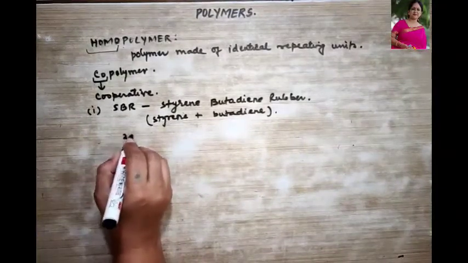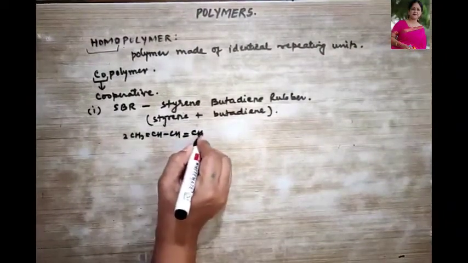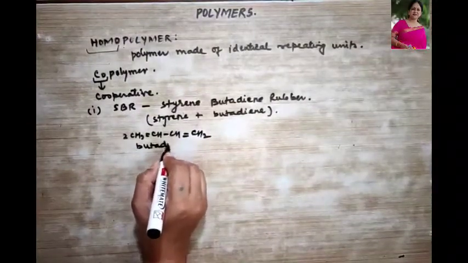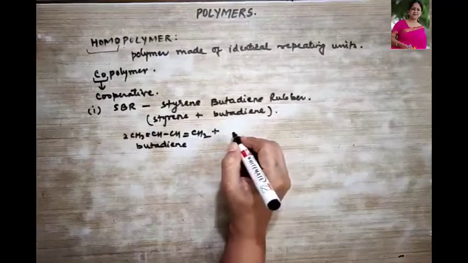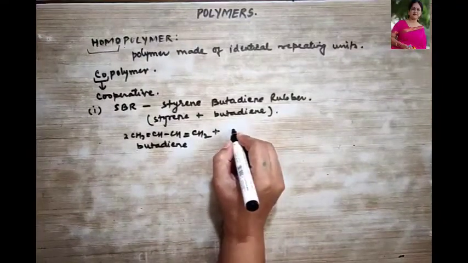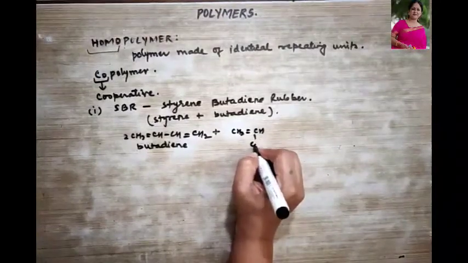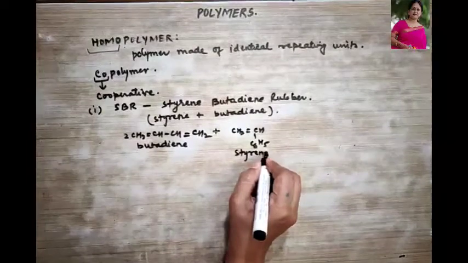Butadiene is CH2 double bond CH double bond CH2. This is butadiene. This combines with styrene. Now styrene is CH2 double bond CH C6H5. This is styrene.